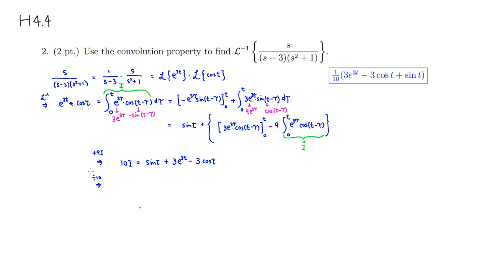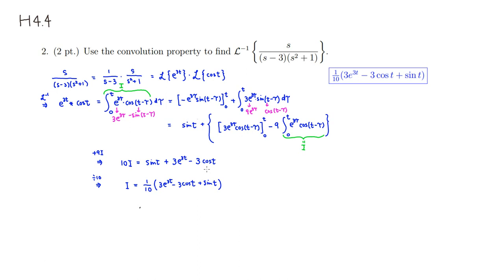Remember that I is the convolution we're looking for. So the convolution is 1 over 10 times 3 e to the 3t, and then minus 3 cosine of t, and then we have plus sine of t.